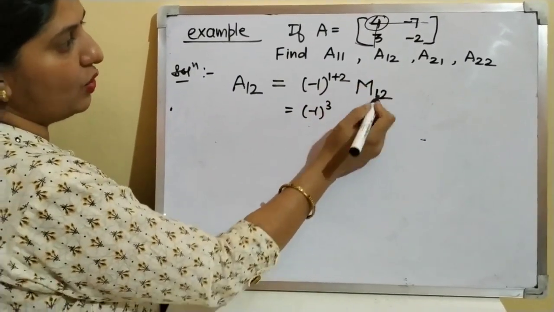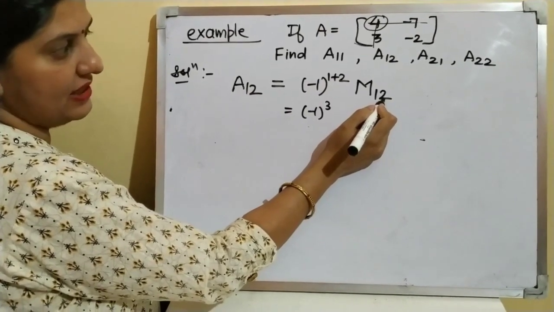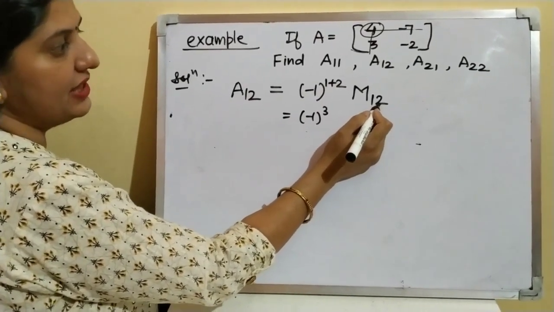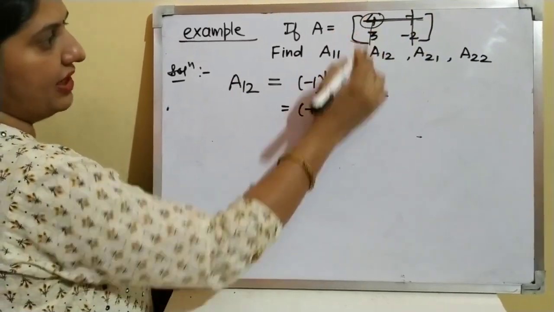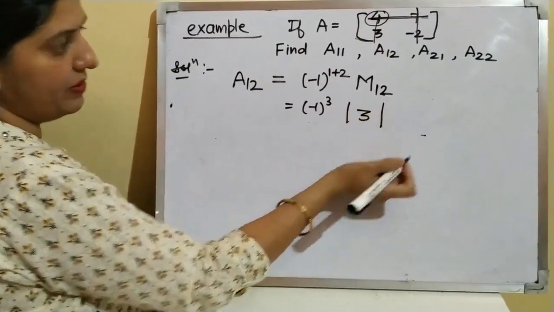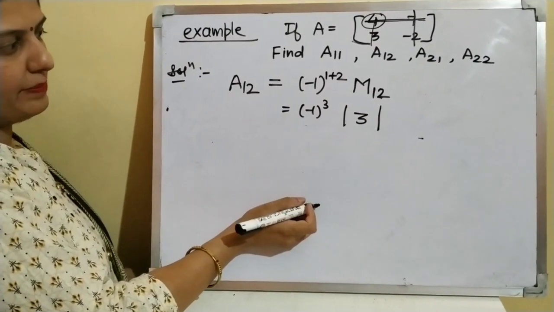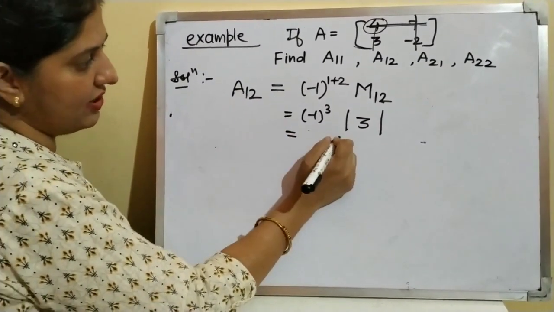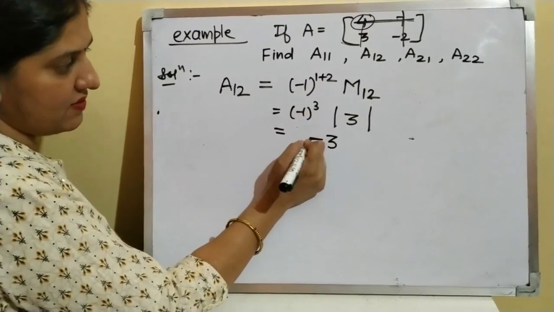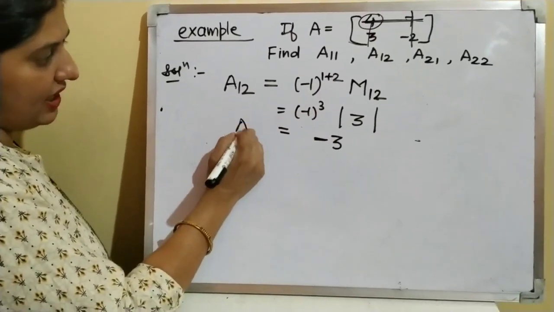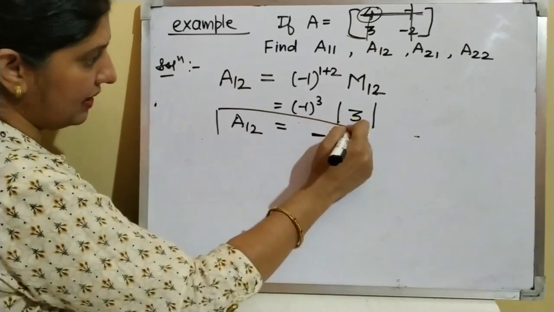Calculate the minor corresponding to first row and second element, meaning delete first row and second column. We get 3. Take the determinant of this submatrix, we get 3 here. Minus 1 to the odd power gives us minus. So A12 is minus 3.